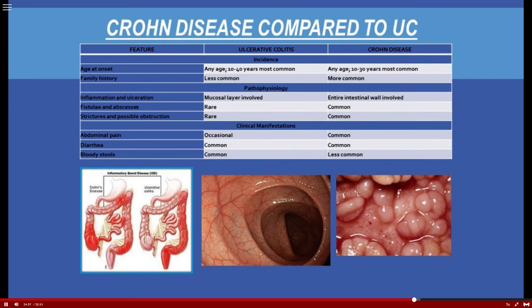So abdominal pain, yeah, occasionally. Diarrhea is common with both. And so the big take-home message here, of course, is that idea of those skipped lesions with Crohn's disease and that it goes through the full thickness. So really, really can be a very debilitating disease.